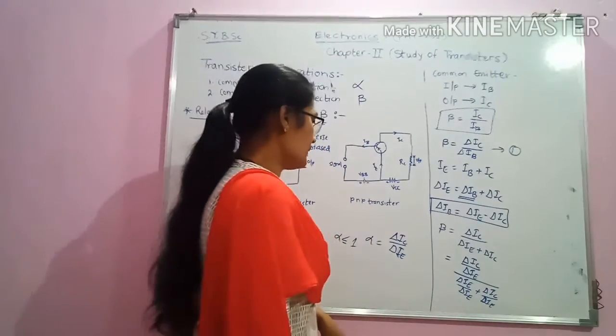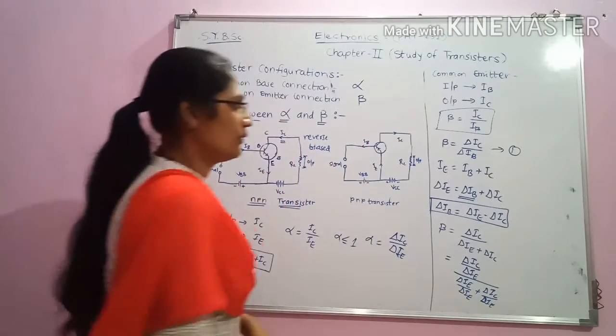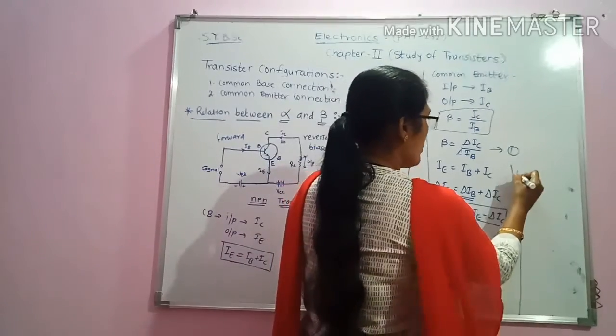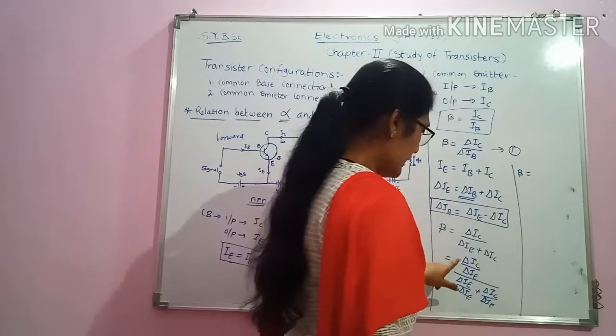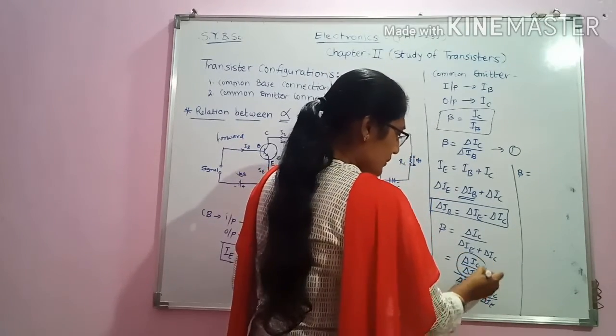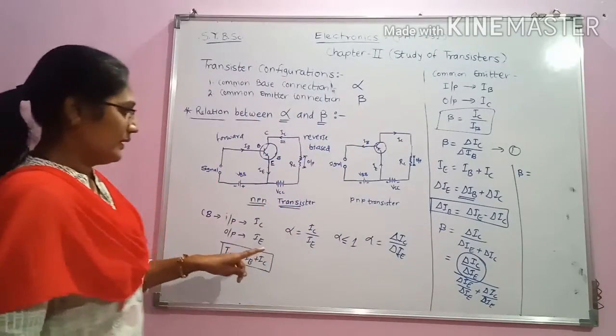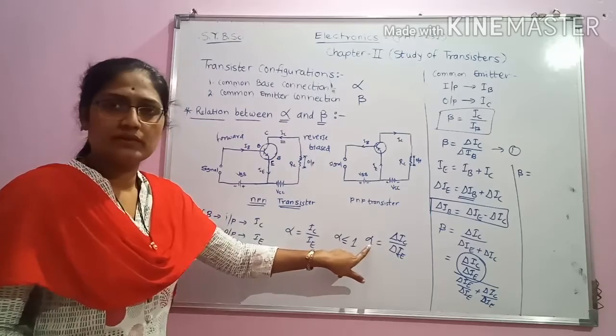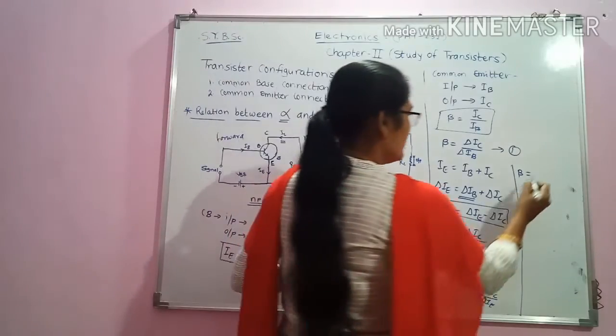It gives us the value of beta as delta IC upon delta IE. What is the value of delta IC upon delta IE? It is nothing but alpha.